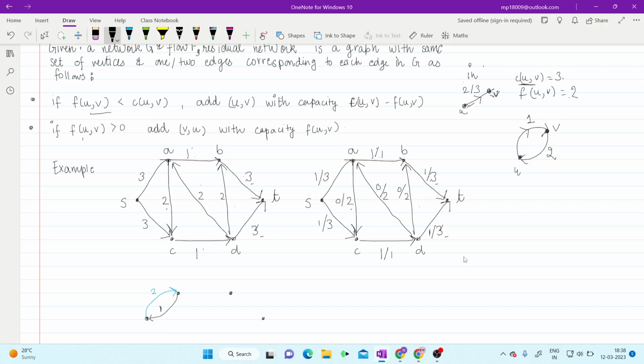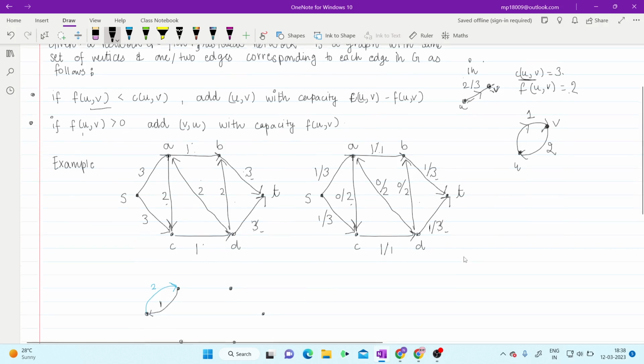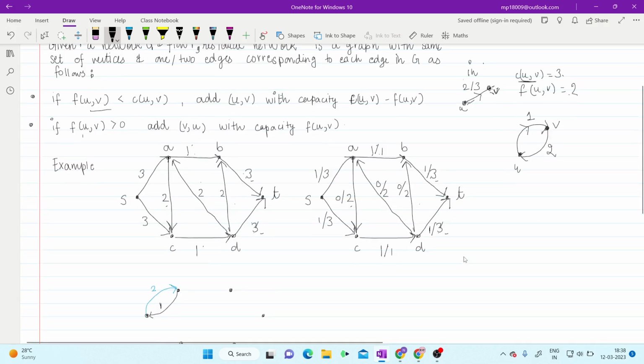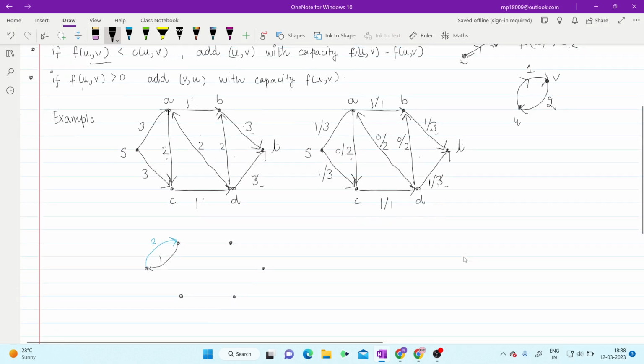And if the flow is strictly greater than 0, then you'll also have an edge in the opposite direction with the flow value. So this is what we mean by residual network. Now I have defined the residual network.